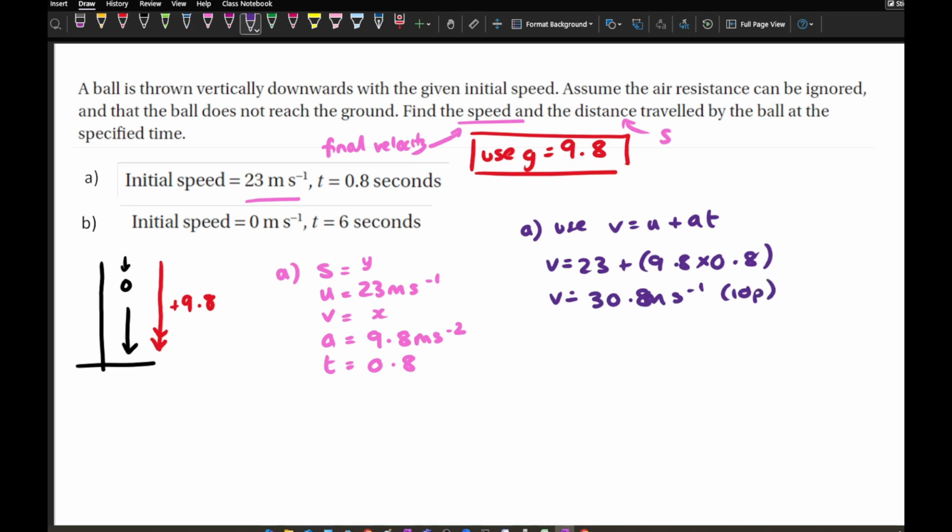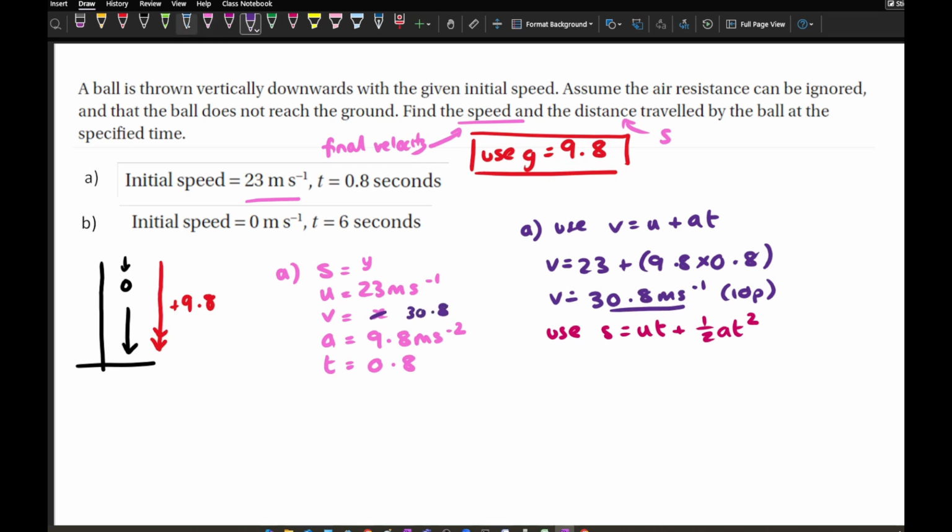I then need to find S. So to find S, I'm going to use S equals UT plus a half AT squared. Let me just make that a little bit clearer as to what I've done here. There, so I can now write V as 30.8.